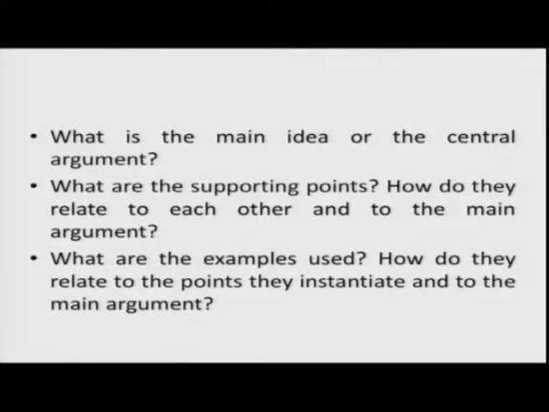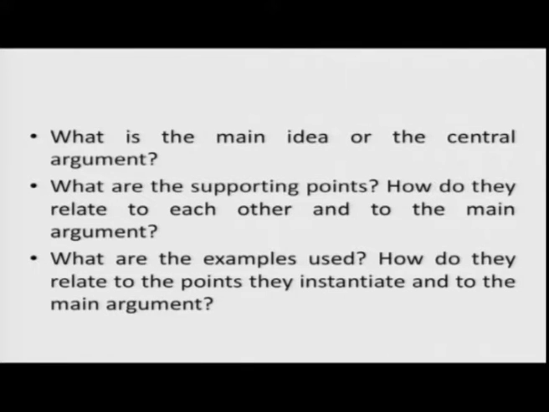So, you have a text before you. We will see in the forthcoming lectures that texts can have different organization patterns, for example, narration, description, exposition, and so on. If it is an expository text, say for example, causes of poverty in India, there are points 1, 2, 3, 4, and here you understand the points.